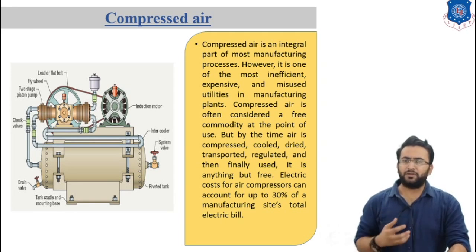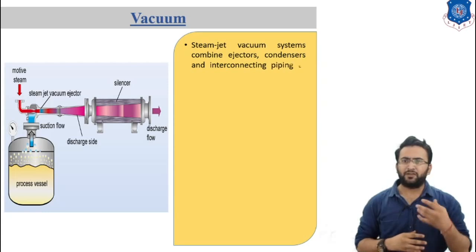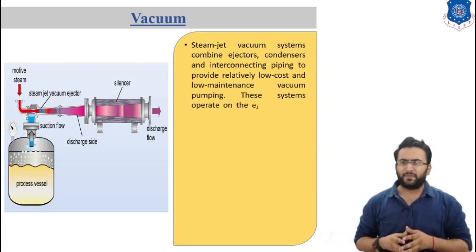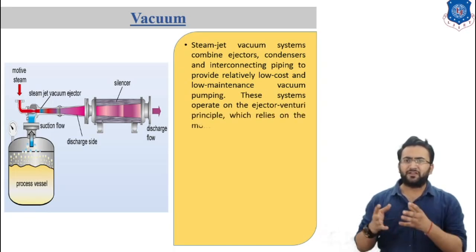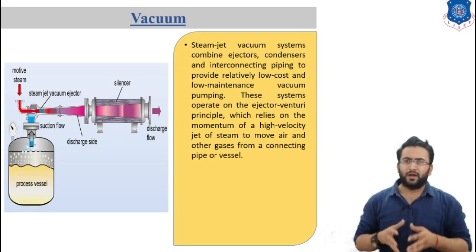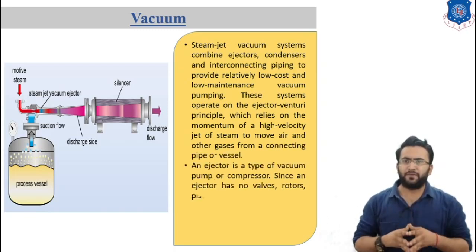So let's talk about the next process utility, which is vacuum. Vacuum is generally generated by a steam jet, or we can say an ejector. Vacuum is mostly used for vacuum distillation and under-vacuum processes. A pressure below one atmosphere is generally known as a vacuum.